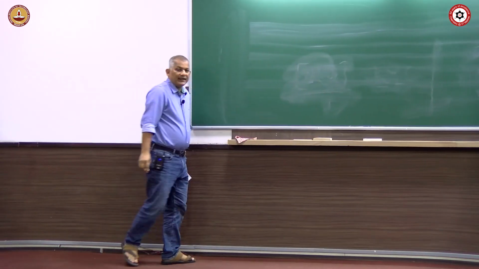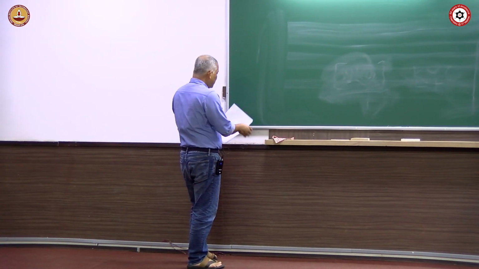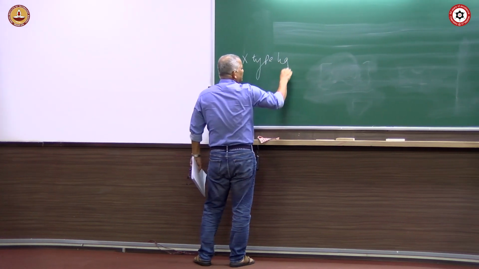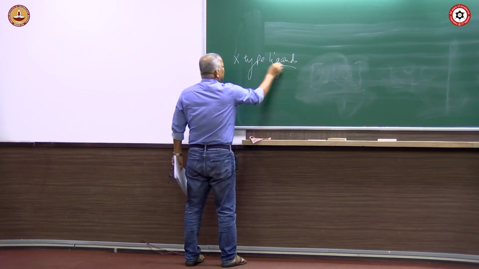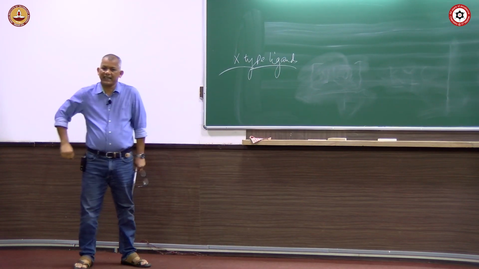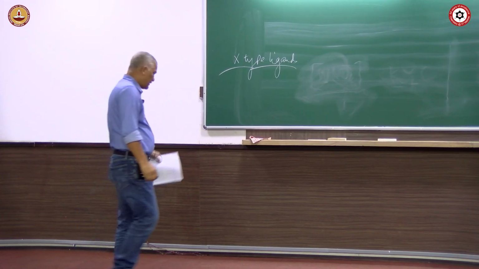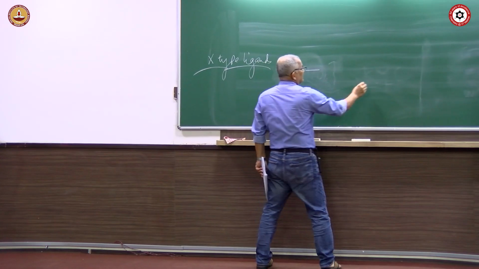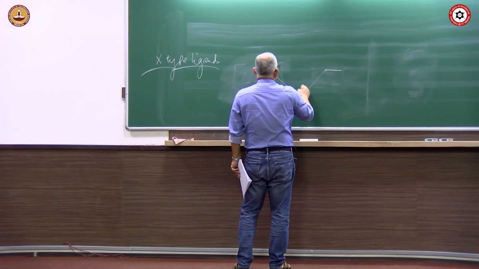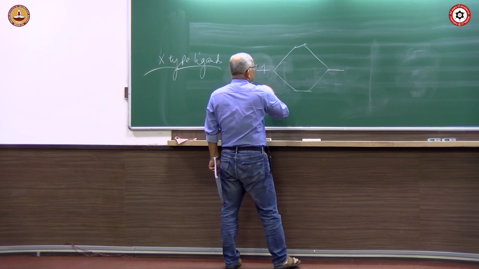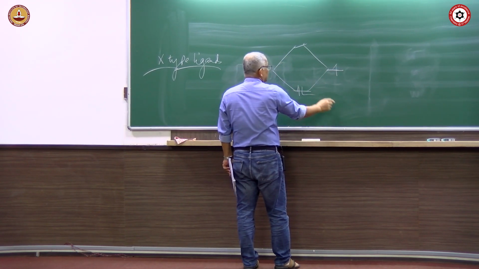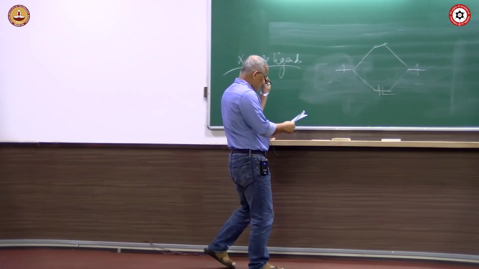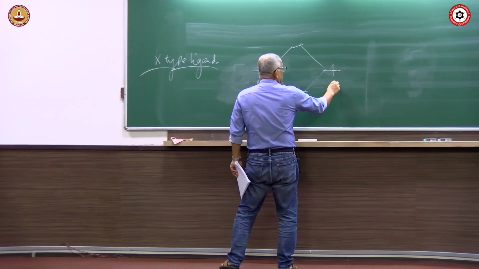The first one is your X type ligand. What is an X type ligand? Suppose you have a metal and a ligand, and they form a bond: one electron from the metal and one electron from the ligand.